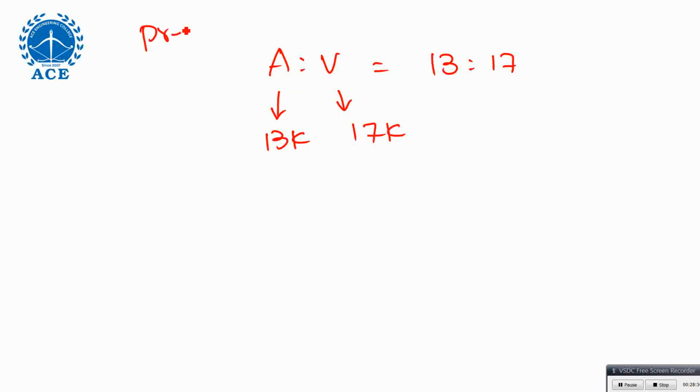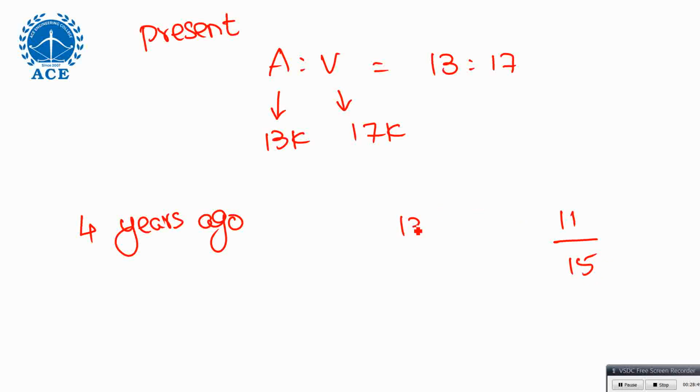Arun and Varun, 13 and 17, present. So you can take Arun as 13k, Varun as 17k, present. And in the question they have given 4 years ago, the ratio is 11 and 15.